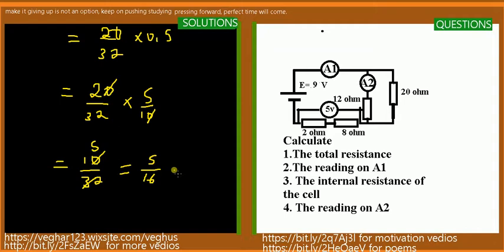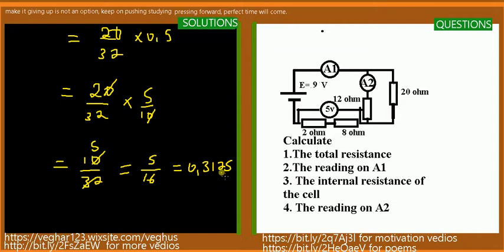So how many times does 16 go into 5? We have 5 divided by 16 is 0.3125.